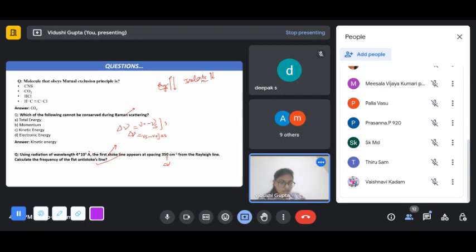Here the wavelength of the incident radiation is 4 into 10 raised to the 3 Angstrom, so we have to convert this into wave number. So what's the relation between wave number and wavelength?